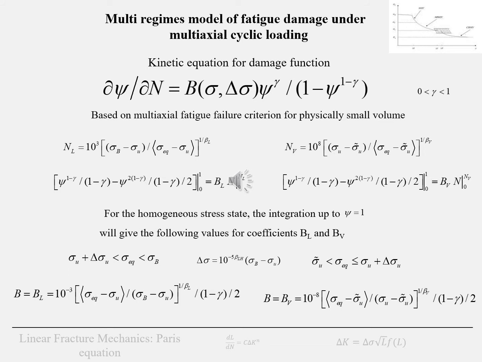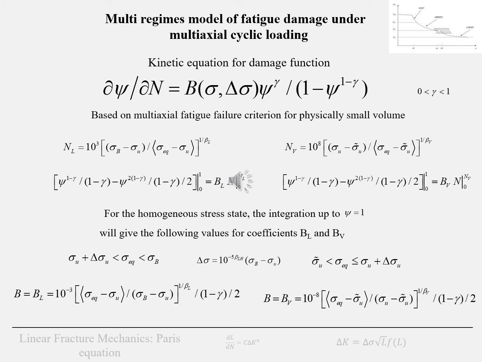From another side, it means that the damage function will get a value equal to 1, and we can separate the variables in this equation and integrate it. After integration, we have this expression for the damage function, which varies from 0 to 1.